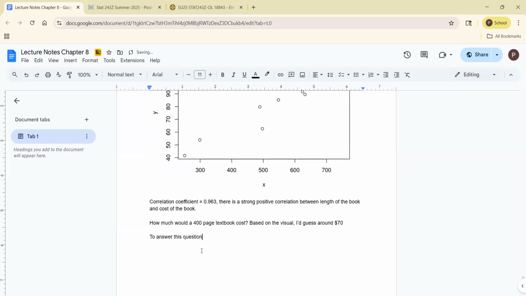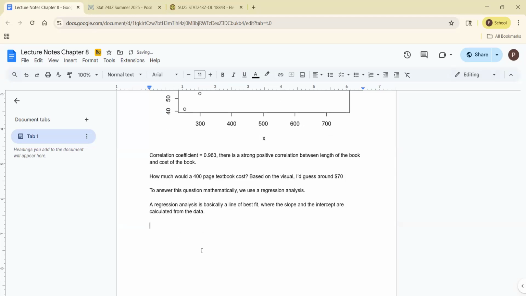To answer this question mathematically, we use a regression analysis. A regression analysis is basically a line of best fit where the slope and the intercept are calculated from the data.